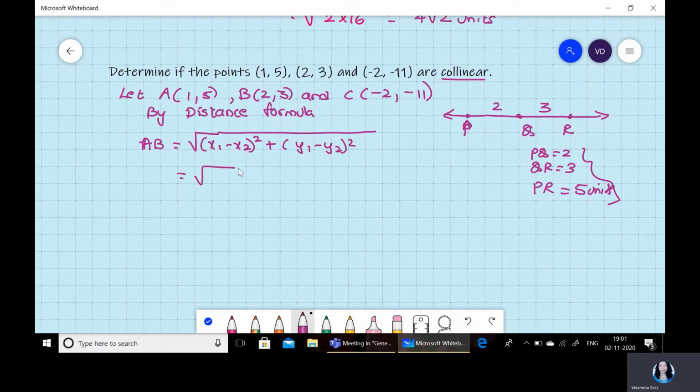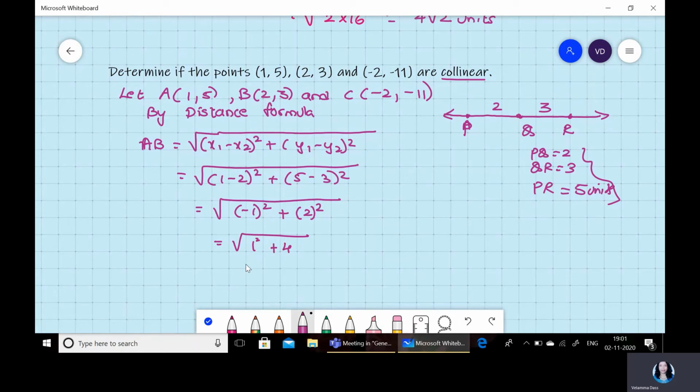Substituting, where this is x1, y1, x2, y2: 1 minus 2 the whole square, the difference of abscissas, plus the difference of ordinates, 5 minus 3 the whole square. So 1 minus 2 is minus 1 the whole square, and 5 minus 3 is 2 square. Minus 1 the whole square is 1, and here 4. So we have root 5 units. So AB is root 5 units.